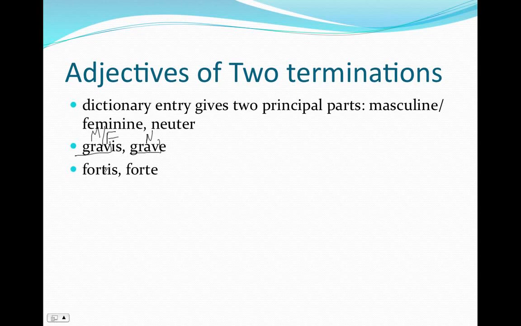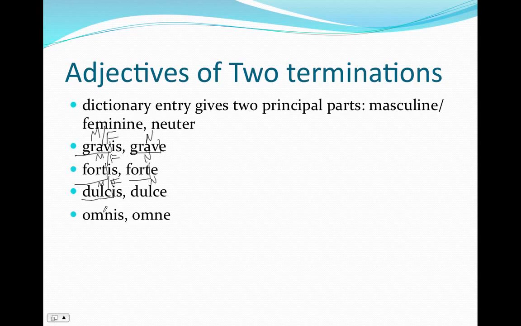Or we can have fortis, forte, strong, again masculine, feminine, and neuter. We get our stem by dropping off the is or the e. We can have dulcis, dulce, sweet: masculine and feminine dulcis, and neuter dulce.